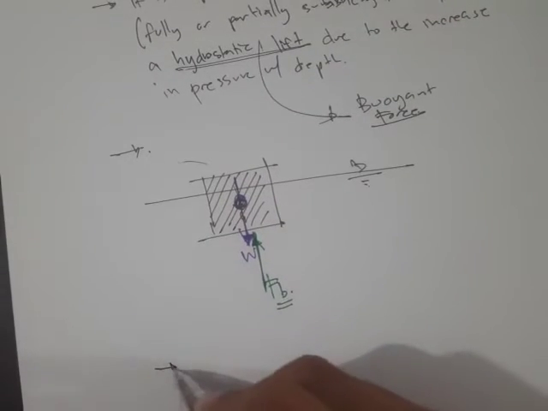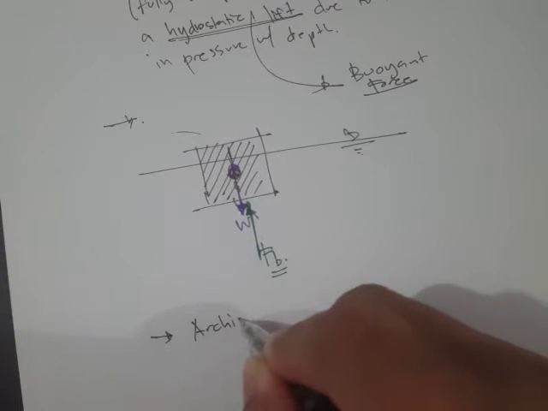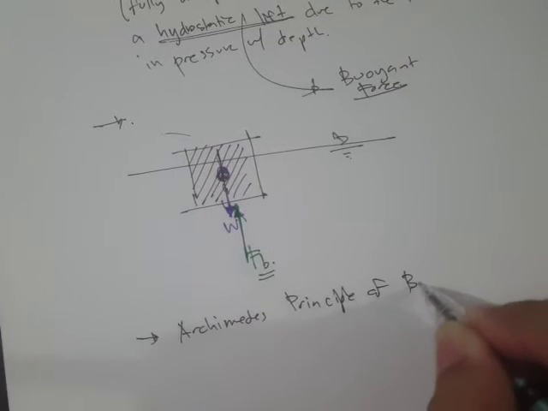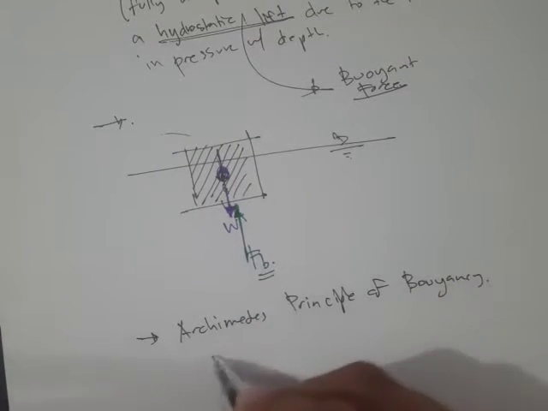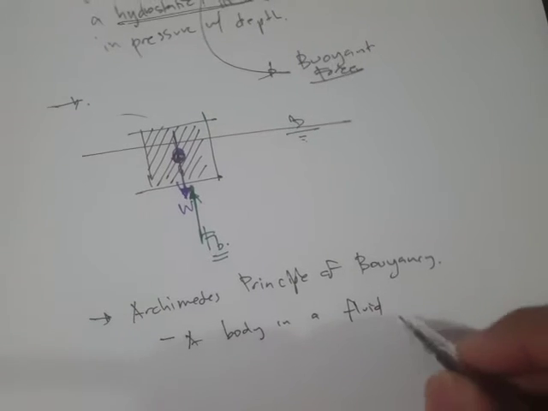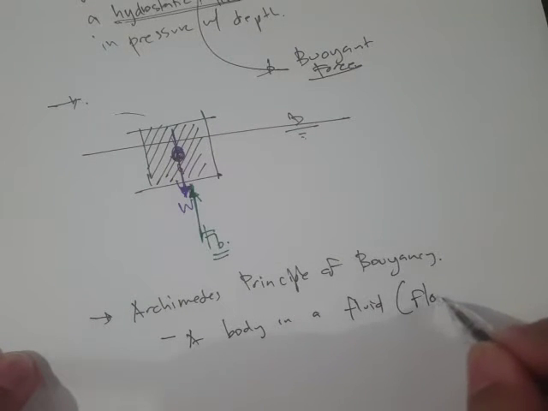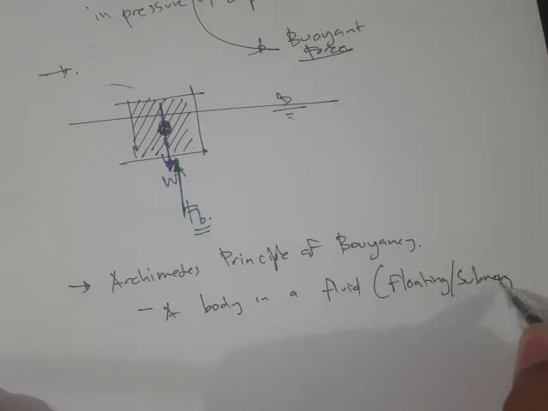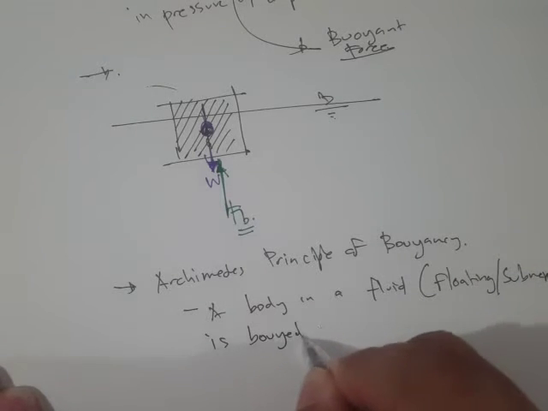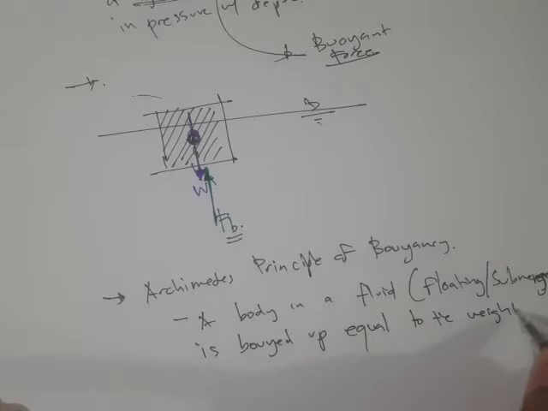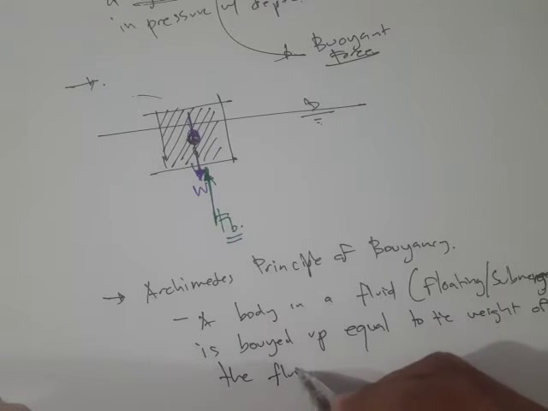Now, according to Archimedes' principle of buoyancy, a body in a fluid, either floating or submerged, is buoyed up by a force equal to the weight of the fluid displaced.